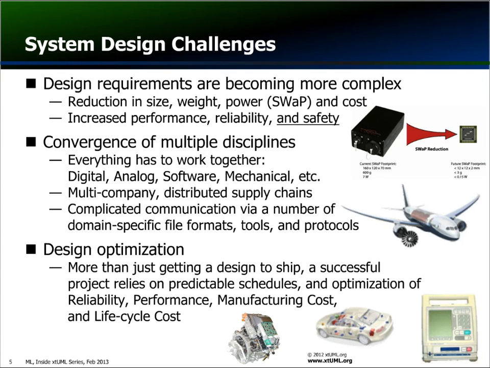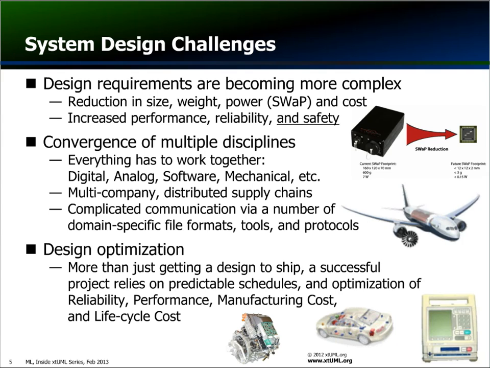If you're involved in systems design, I'm sure you're fully aware of the complexities of designing these sorts of systems. Design requirements are becoming more complex in all domains, but especially in aerospace and automotive. Reductions in SWaP, or size, weight, and power, are critical, and these, of course, are tied tightly to reductions in cost. The market continues to push hard on new features and higher performance, but in these domains, reliability and safety are also especially crucial.